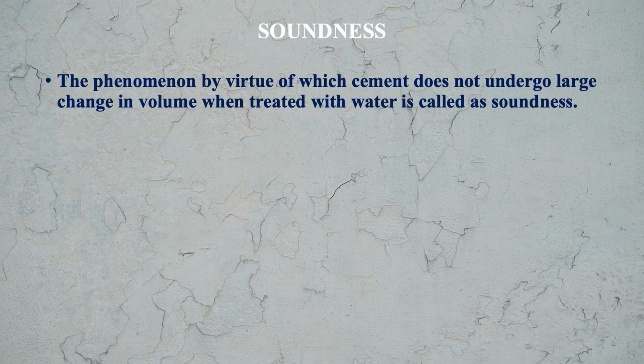Now the next property is soundness of the cement. What is soundness? The phenomenon by virtue of which cement does not undergo a large change in volume when treated with water is called soundness. Means change of volume on addition of water is the soundness.